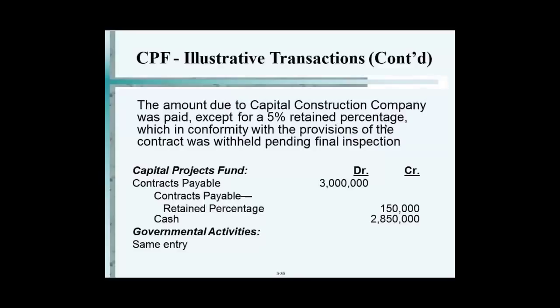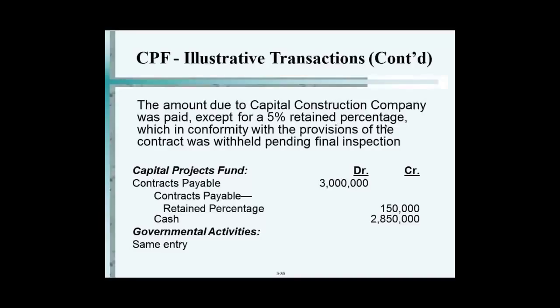Contractor says, not fair. They say, look, when you complete the project, and if we are satisfied with it, we'll give you that $5,000. What's that account called? Contracts payable retainage percentage. If it has a credit balance, what kind of an account is it? A liability account. Because you're going to eventually pay it. It's just that you're holding.